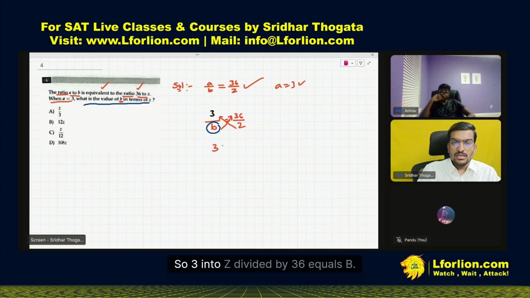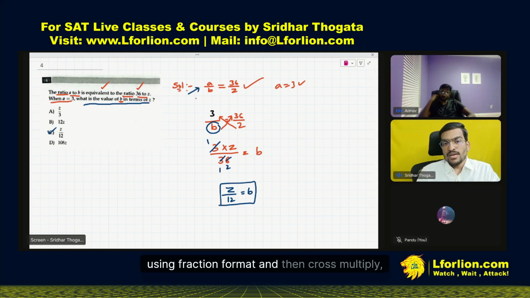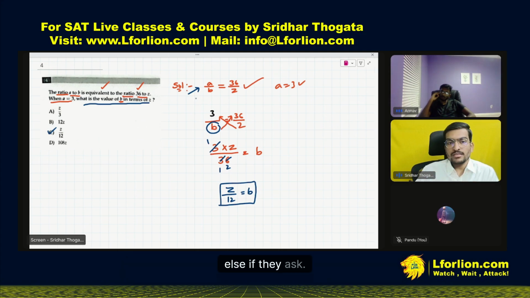So 3 into Z divided by 36 equals B. So Z by 12 equals B. Clear? All you have to do is write the first step using fraction format, and then cross multiply. You'll get the variable you are looking for, or something else if they ask.